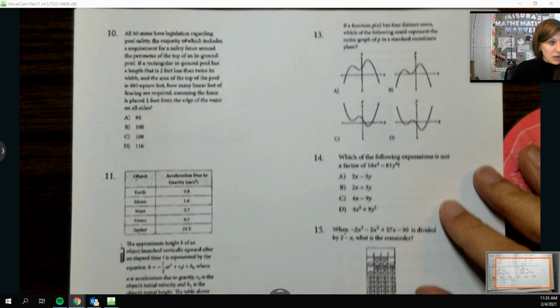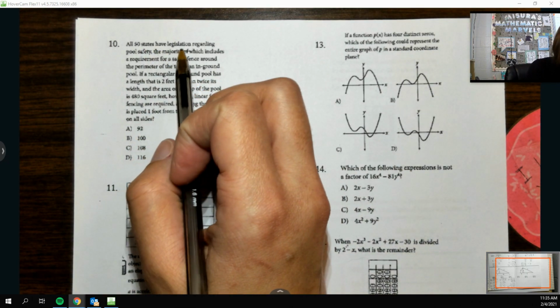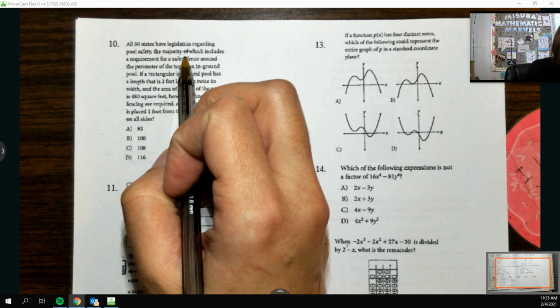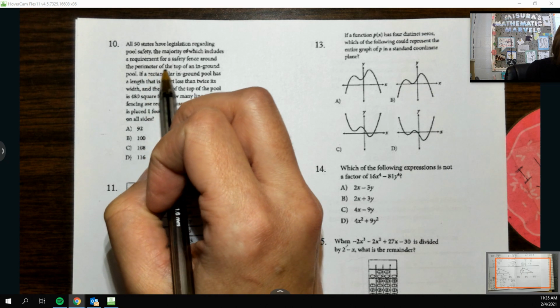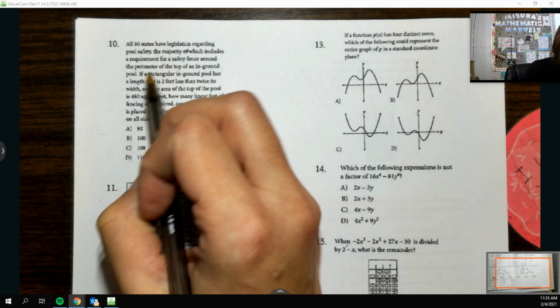Let's try this long story problem one. All 50 states have legislation regarding pool safety, the majority of which includes a requirement for a safety fence around the perimeter of the top of an in-ground pool.